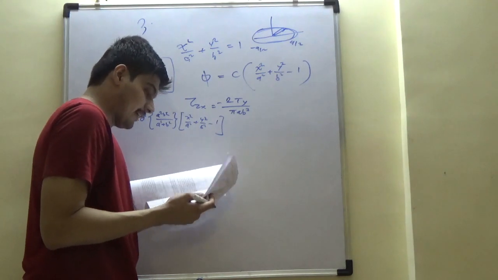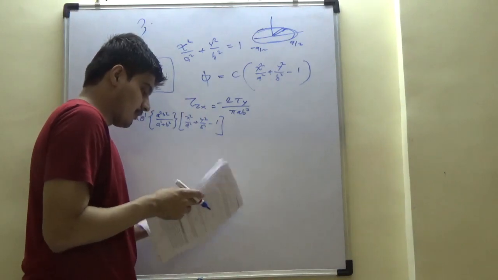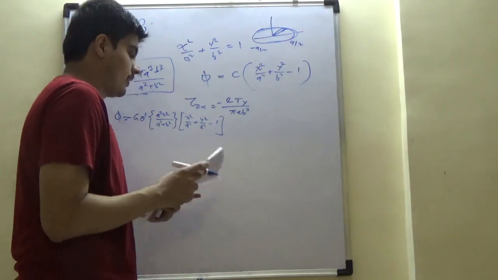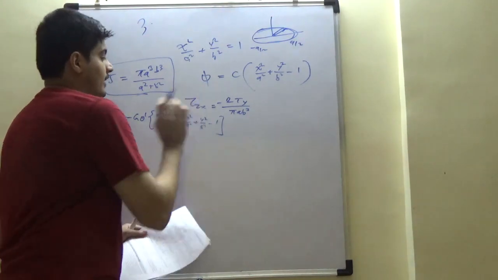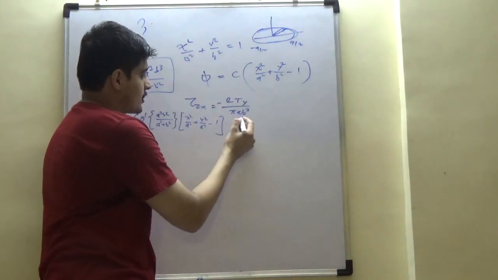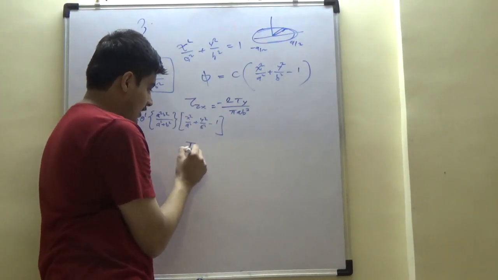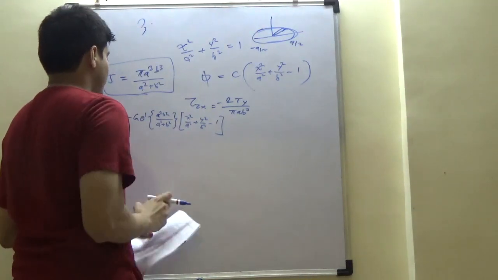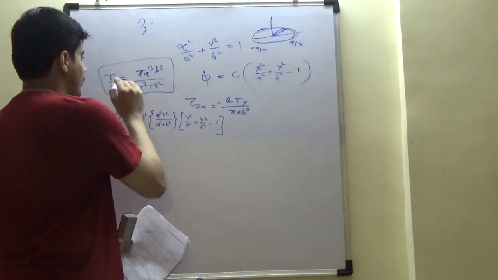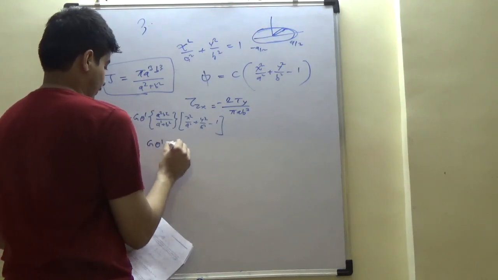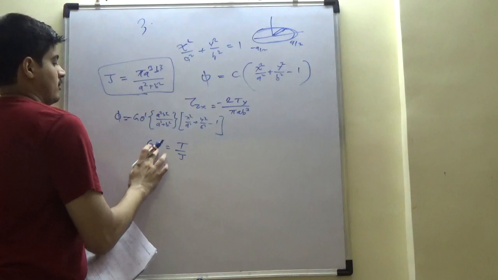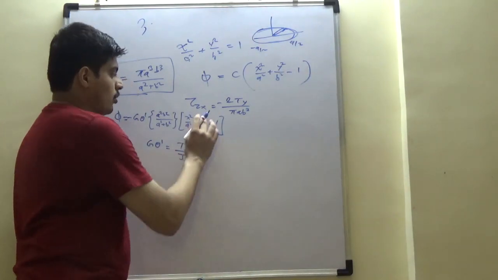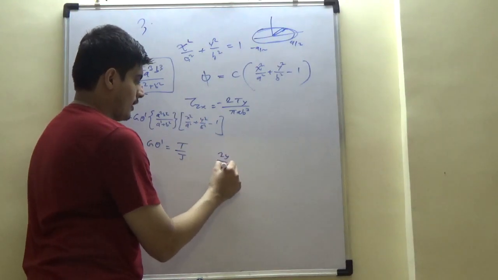So what we said is that the stress function, which is going to give me introduction to this nomenclature of del x del y, is going to give me tau zx, which is just a differentiation of this phi, and then I used T by GJ theta dash, right, to substitute. So what I have done is to substitute G theta dash, I have used T by J, right? This is what I have done, and this is going to give me 2ty, so 2y by b square.